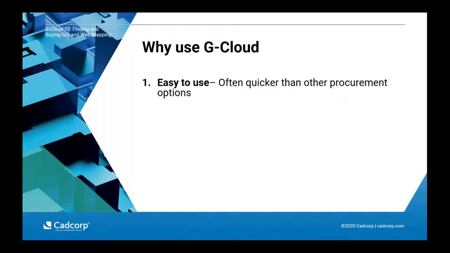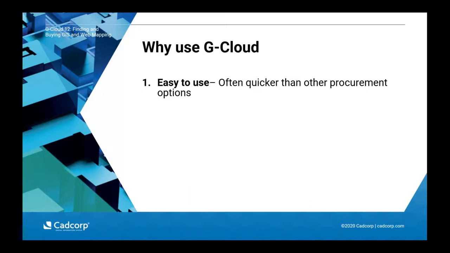So why use GCloud is the next really important question. It's easy to use. Everything's available, which you'll see, and it's often a lot quicker than other procurement options because everything's already been done for you effectively.